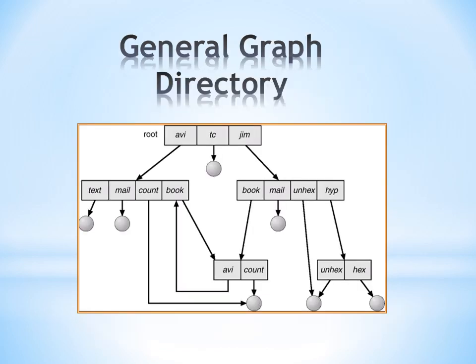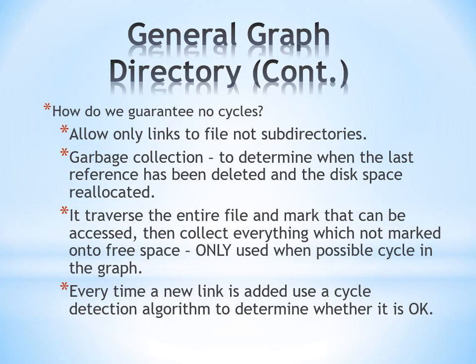So an acyclic directory allows for sharing, but we have another type of directory we call general graph directories. General graph directories allow for the sharing of subdirectories and files, but they need guarantees.